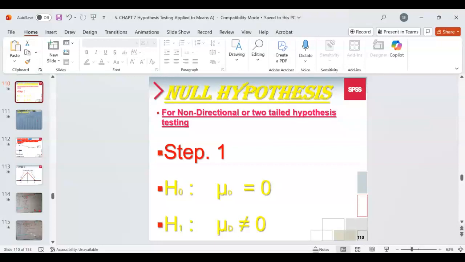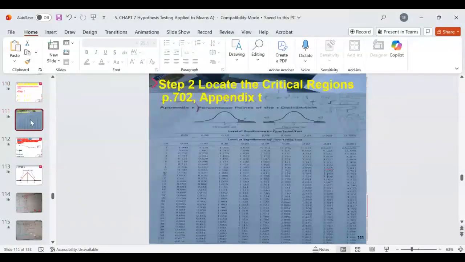So the null would say, no, the mean difference will be 0. That means they give the same score to the picture of the woman with a red background and a white background. No difference. Anyway, we need to go back to page 702 to look for the critical value. Just like what we did last time, we need to know first the column DF, which is n-1. Our sample n is 9.